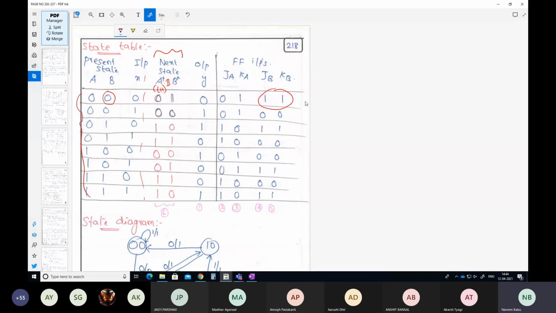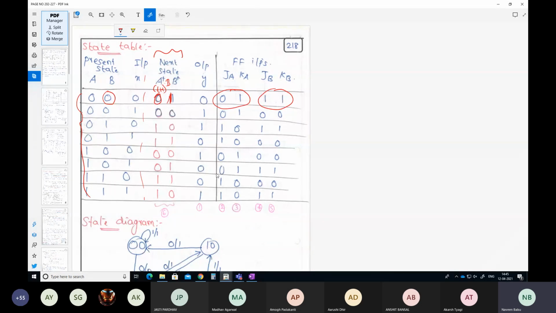You have to look at the characteristic table and then fill up this one, right? So there is a toggle from 0 to 1. Maybe these two we can see. When JA and KA are 0, we are resetting our flip-flop despite whatever may be our present state value. So we are setting it to 0. Okay, so likewise, you have to fill, which will take a lot of time.